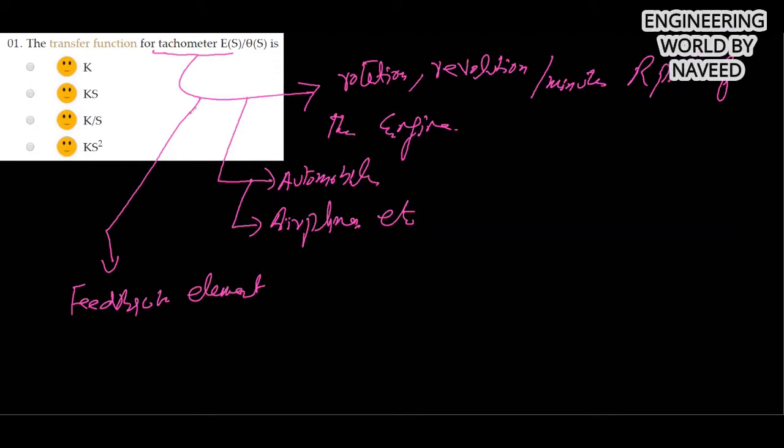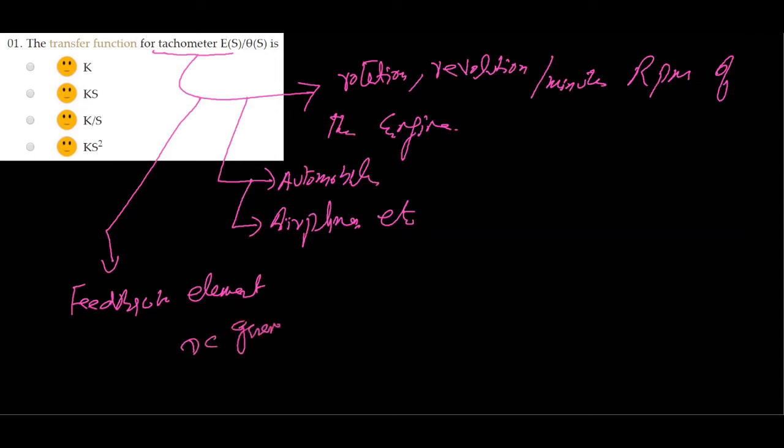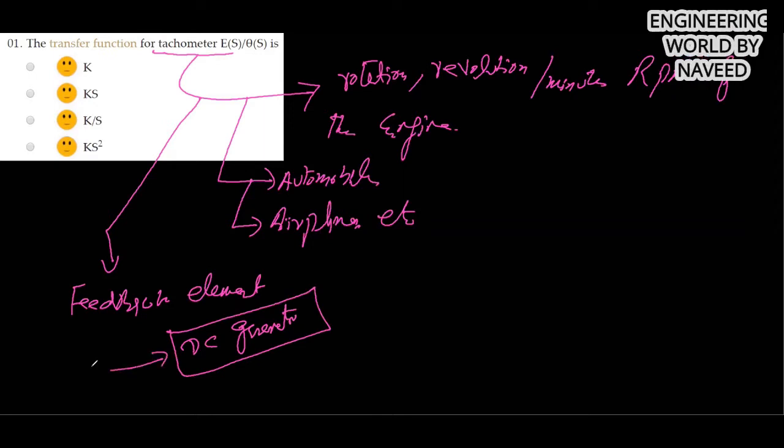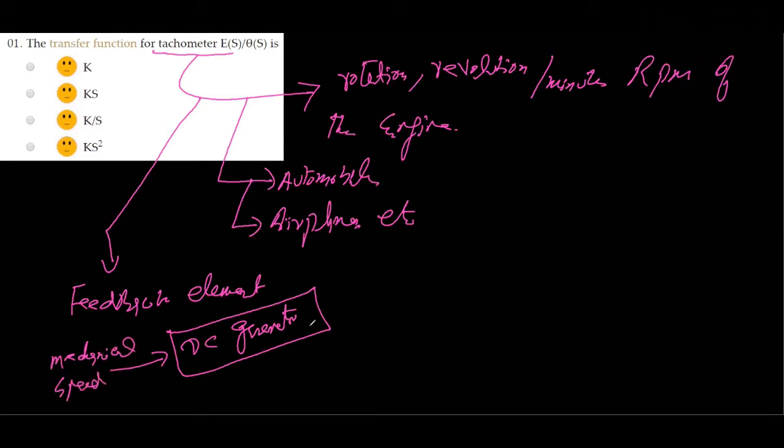This is actually a small DC generator. Tachometer is basically a small DC generator in which the input is the mechanical speed, and it gives you an electrical voltage.